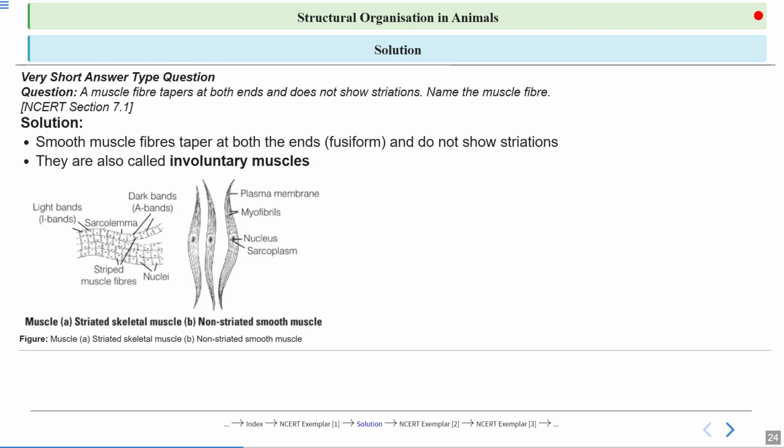We never know how it passes through the small intestine, how it goes into the large intestine, right? Because it is not in our control, and their lining is made of these non-striated smooth muscles, right? Okay, let us move to the next question.